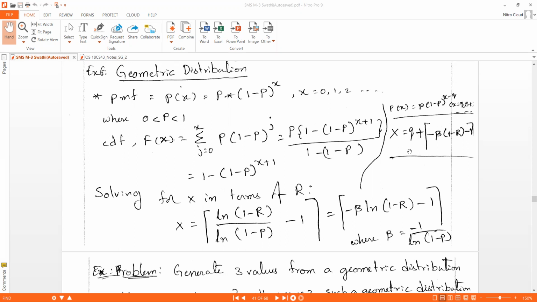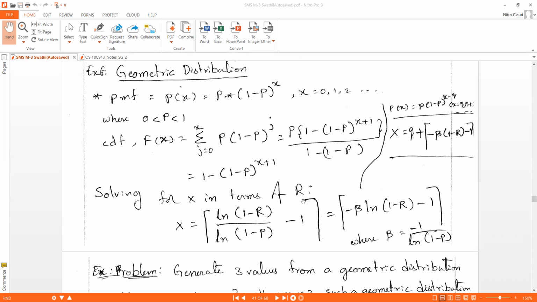X is equal to q plus mod of minus beta into log of 1 minus r, minus 1. Random variant x can be calculated. This is the formula to calculate the x value.